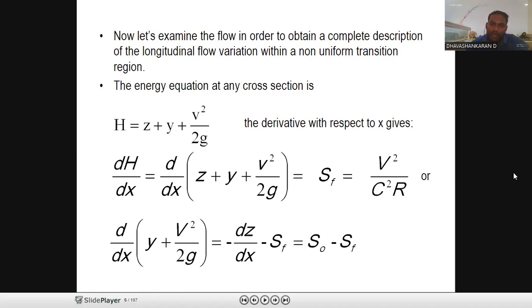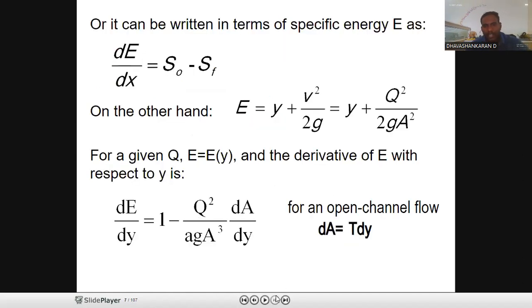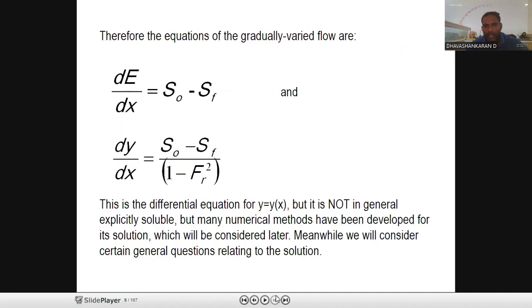By arriving at this formula, we can get the equation in the form of dy by dx. So this is the dynamic equation of gradually varied flow. This equation can be written as dy by dx equal to S naught minus SF divided by 1 minus Froude number squared, that is Fr square.